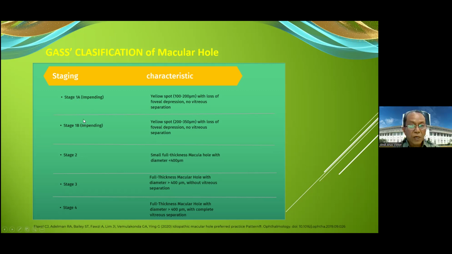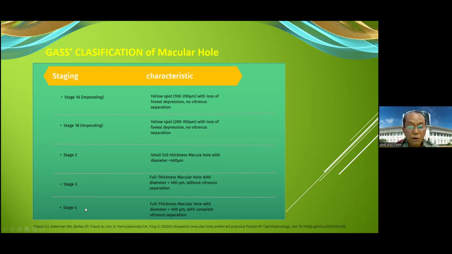Stage 1A: a yellow spot with loss of foveal depression, no vitreous separation. Stage 1B: yellow spot with loss of depression, no vitreous separation, but bigger than stage 1A. Stage 2: a small full thickness macular hole with diameter less than 400 micrometers. Stage 3: full thickness macular hole with diameter more than 400 micrometers without vitreous separation.